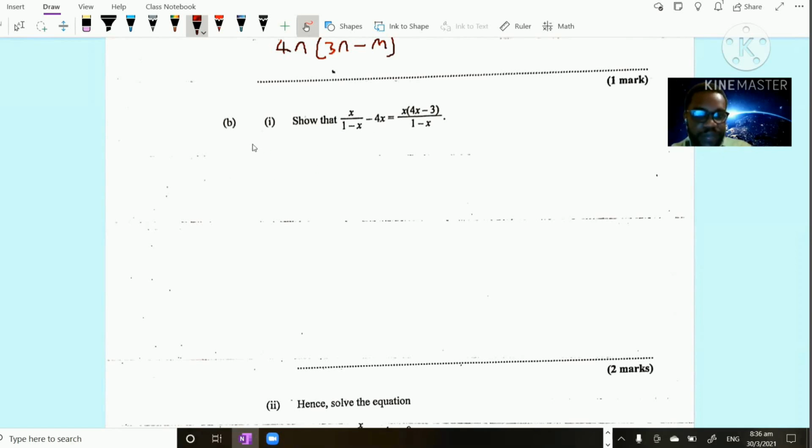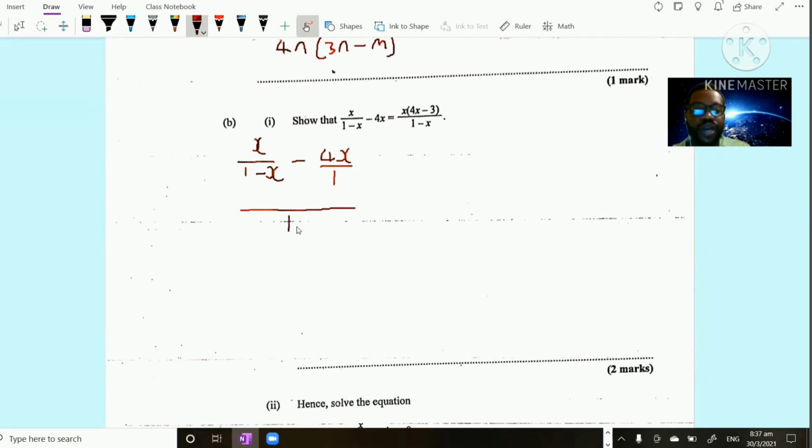So let me just rewrite this. So I have x over 1 minus x minus 4x. Now, of course, since we're dealing with a fraction, why not put the 4x over 1? So now it's like I'm subtracting a fraction from a fraction, which means that I'm going to have to go ahead with my LCM first of all. Now, what's the LCM of 1 minus x and 1?